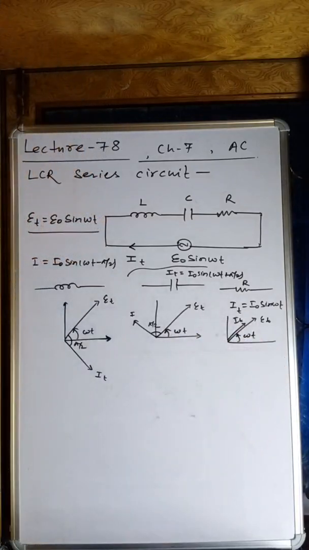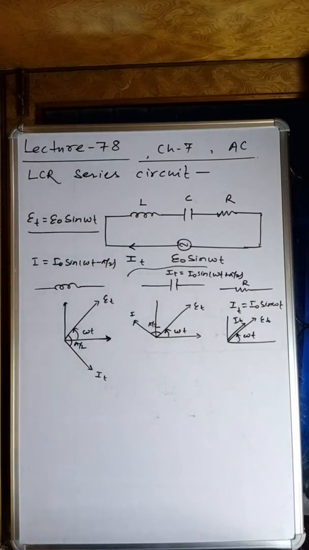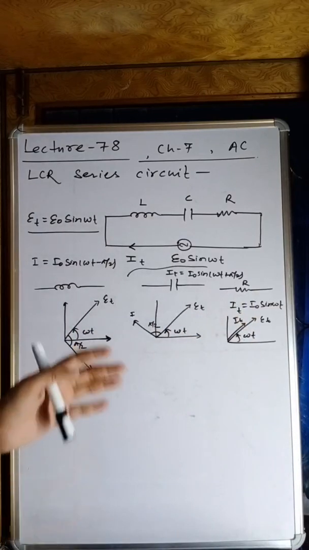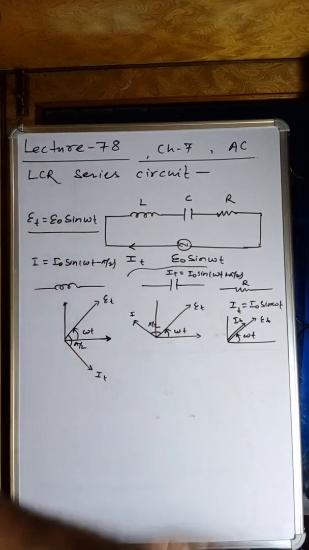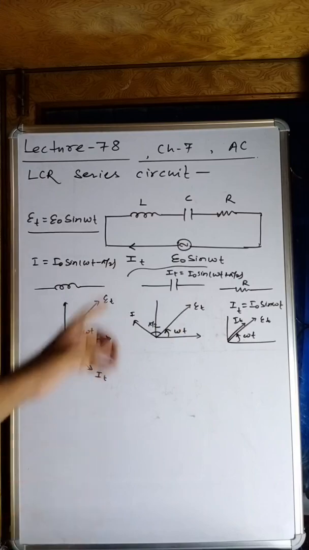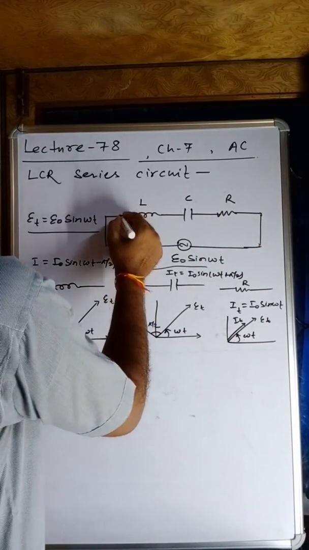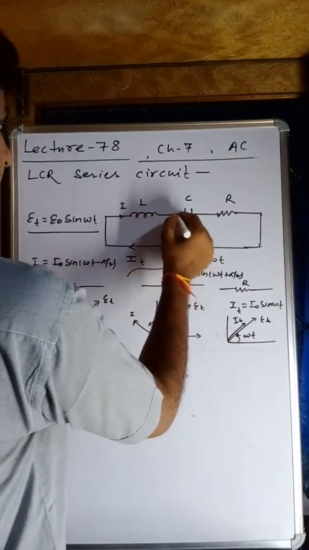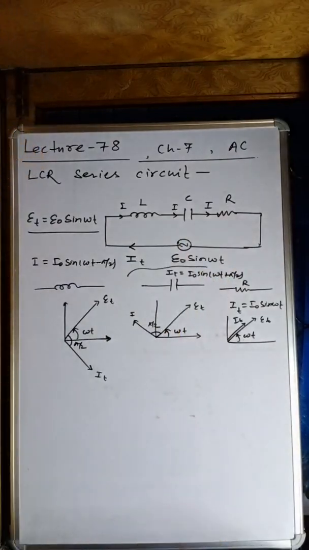Okay, my dear students. Now, if we combine all the three phasors, then how do these three phasors look? Before combining them, remember, current is constant in each device. Here the current is I, here the current is I t, and here the current is I. We know that the current remains the same in series.